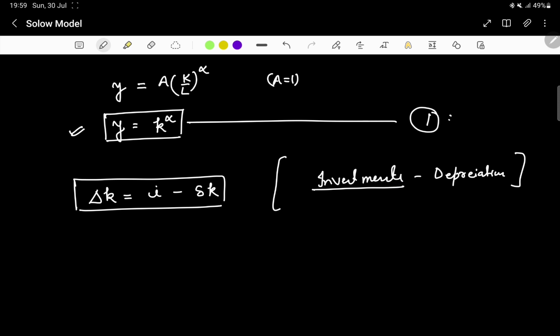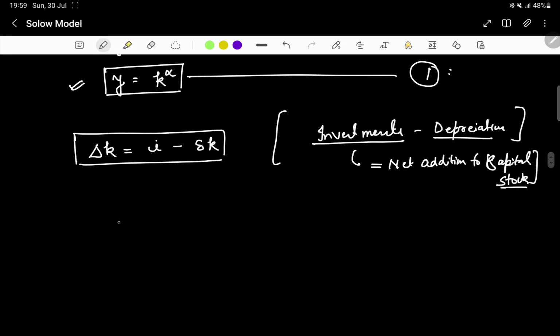If we take investment minus depreciation, we will get the net addition to capital stock. Okay, this is what we have written in per capita terms.